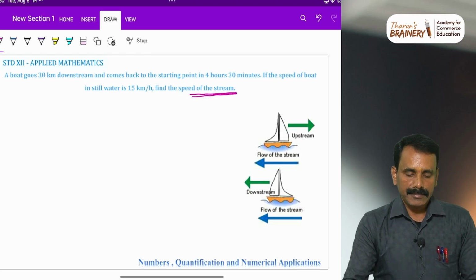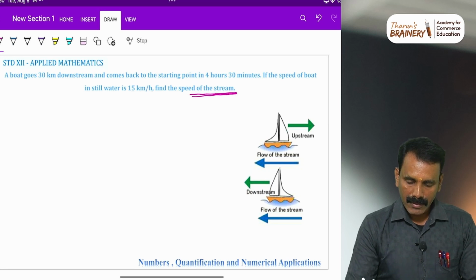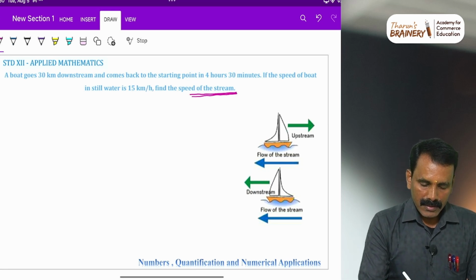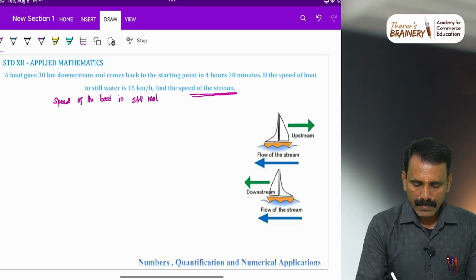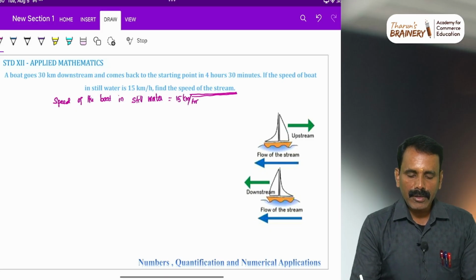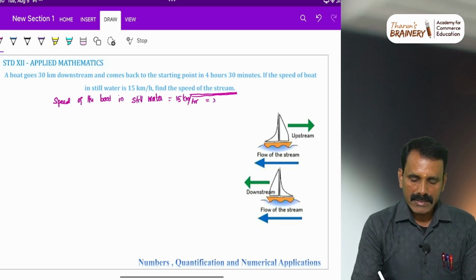So we start. Speed of the boat in still water, 15 km/h given to us, and we usually take this as x.